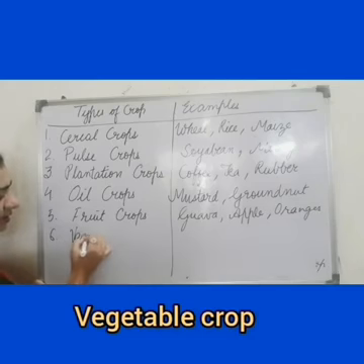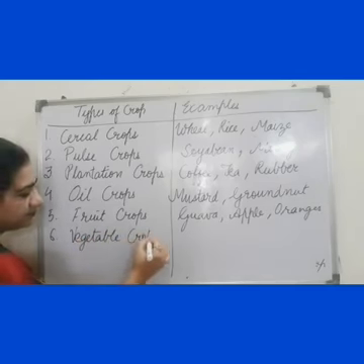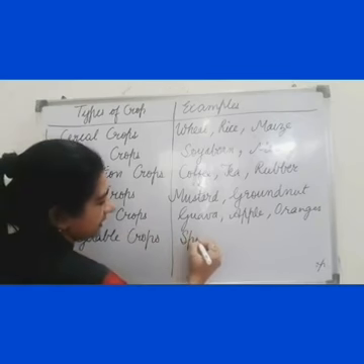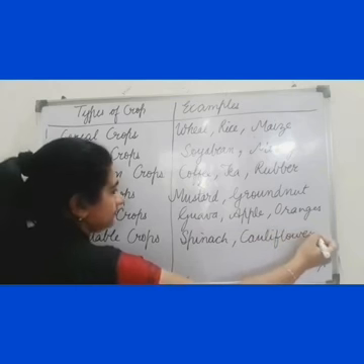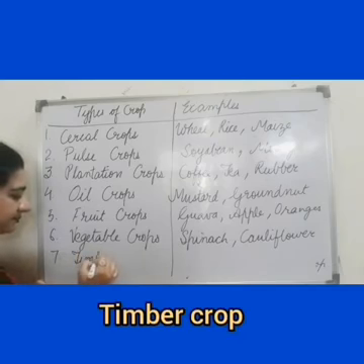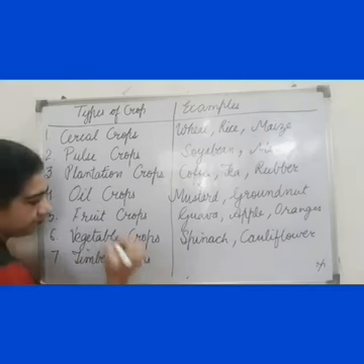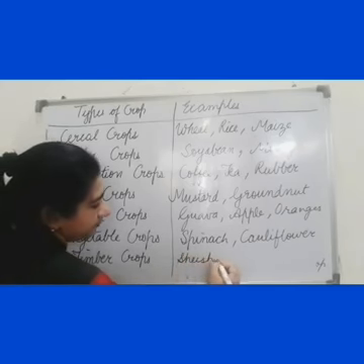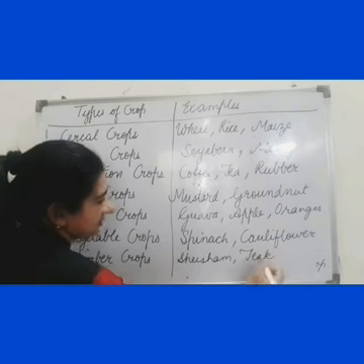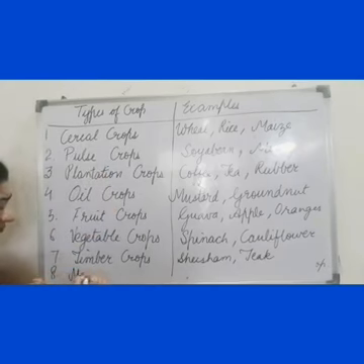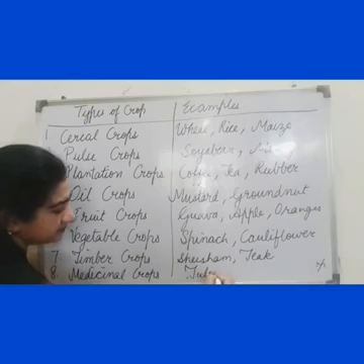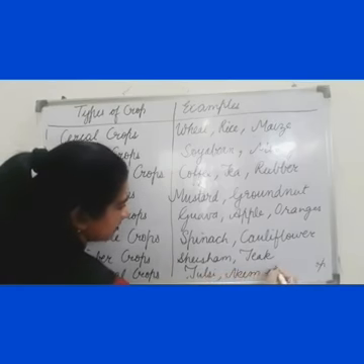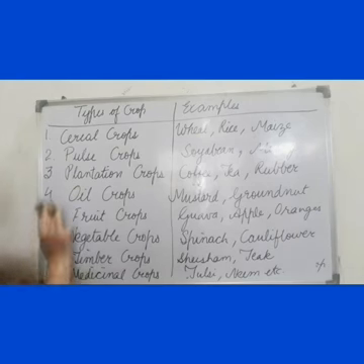Then we have vegetable crops: you have spinach, cauliflower, etc. Then you have timber crops: shisham, teak, etc. We have some medicinal crops too, like tulsi, neem, etc. So we have such a large list of various crops.